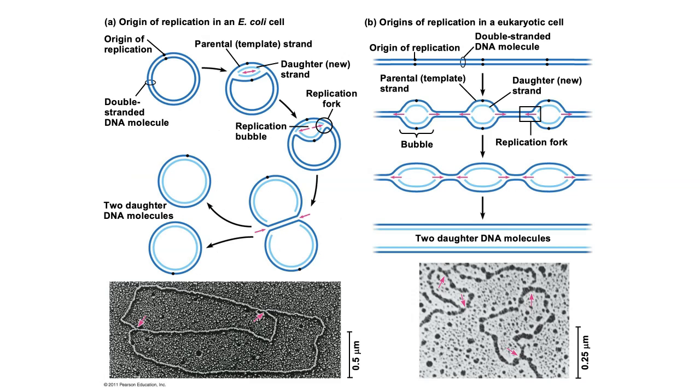So here is replication, DNA replication in an E. coli cell. E. coli is, of course, bacteria. So this is a prokaryote. This is bacterial replication. Notice again, since it's a prokaryote, notice that the DNA is a circle. This is a plasmid. So let's look at the origin of replication.